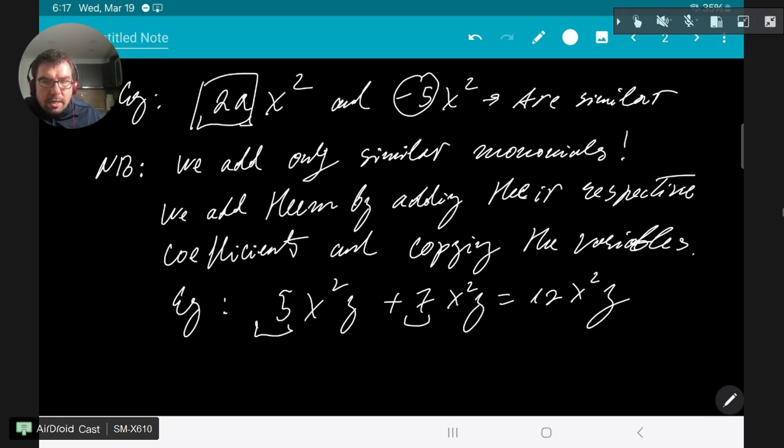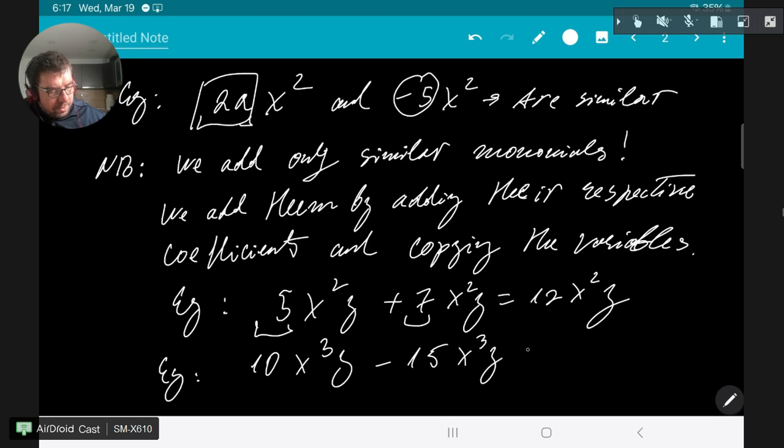And in the brackets I have just 5 plus 7, which is 12. In the same way, if I have, for example, 10x to the power of 3y minus let's say 15x to the power of 3y, this is minus 5x to the power of 3y.